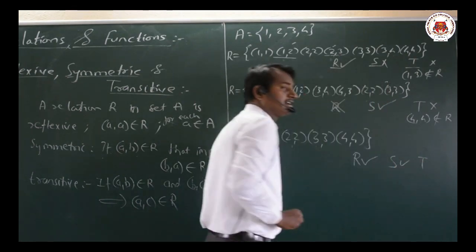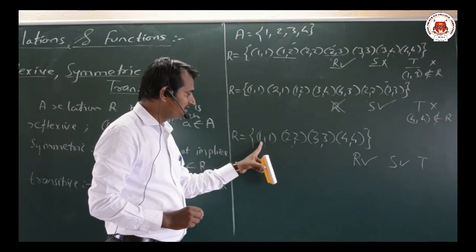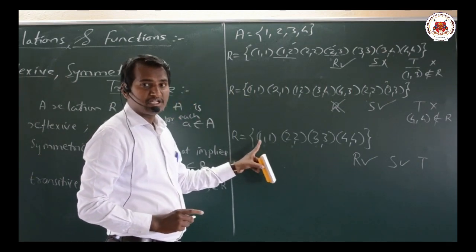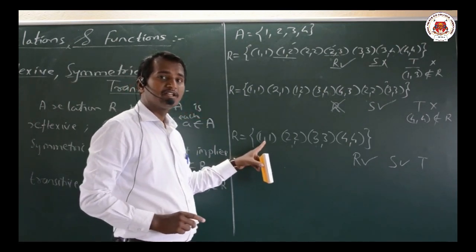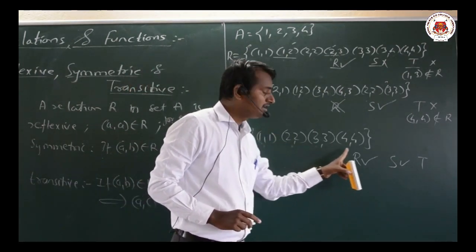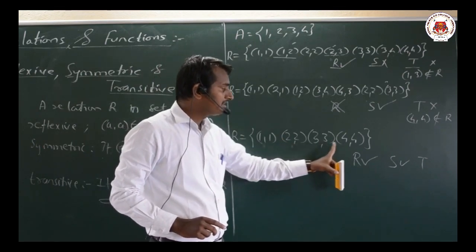Then comes the transitive. Transitive means what? (1,1) is there, but please pay attention regarding this. We are having (1,1), but do we have anything starting with 1 here? We don't have any element starting with 1 here. Okay, (2,2) is there, we don't have any element starting with 2.